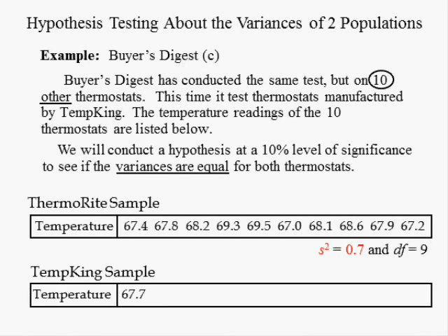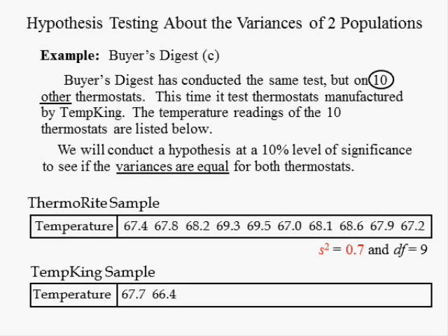The results of sampling indicate the first thermostat picked off Temp King's production line at random kept the test room at 67.7 degrees Fahrenheit, even though the thermostat in the test room was set at 68 degrees Fahrenheit.